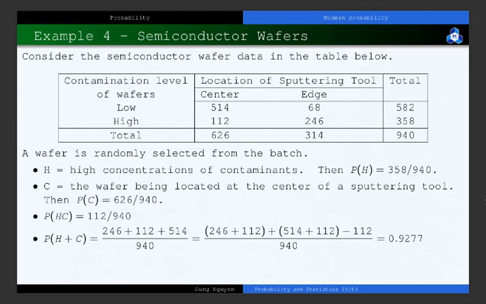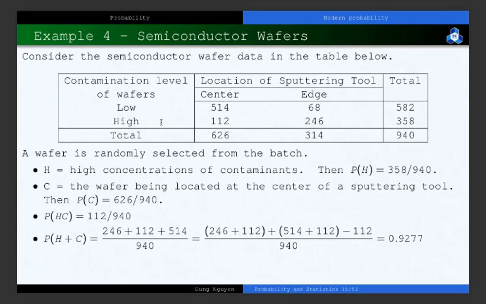Now let's consider the following example of semiconductor wafer. The data are given in the table below. The wafers are classified by the contamination level and the location of the tool.